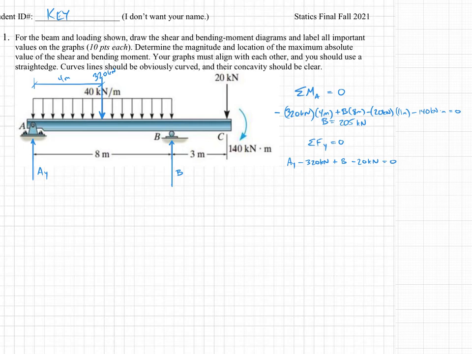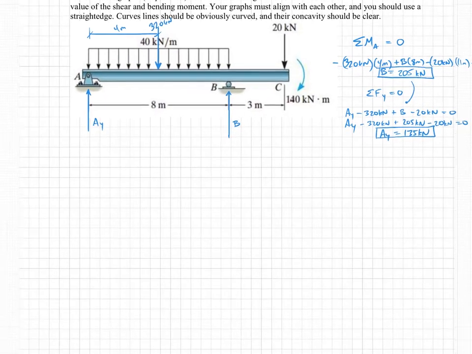So if I plug in B from up here, AY minus 320 kilonewtons plus 205 kilonewtons minus 20 kilonewtons equals 0. So AY equals 340 minus 205, which is 135 kilonewtons. Okay, so there we go.